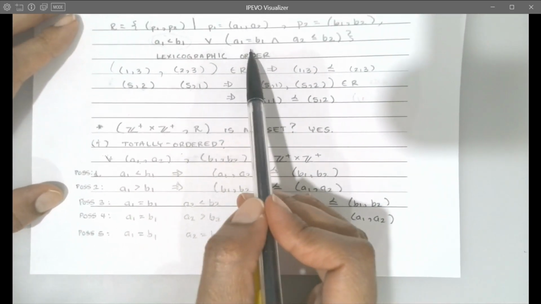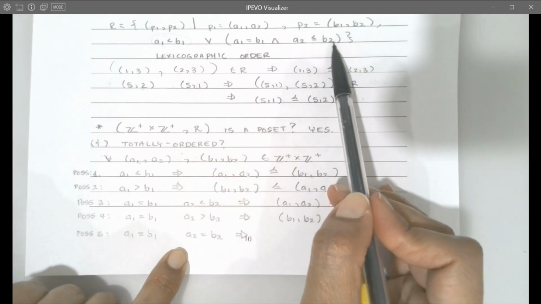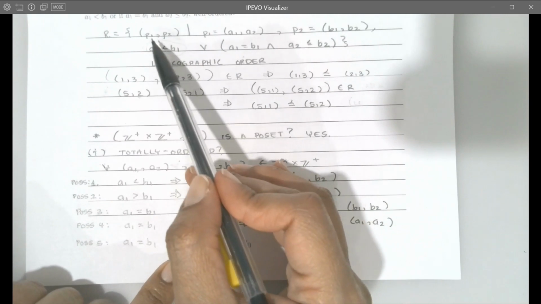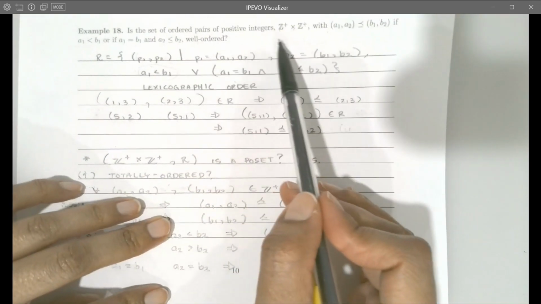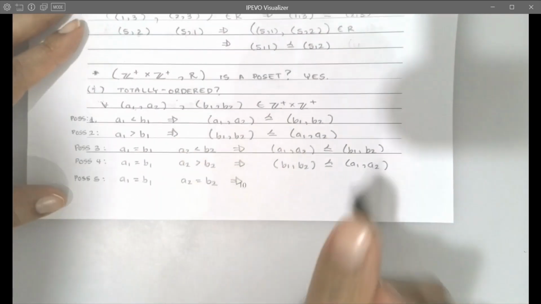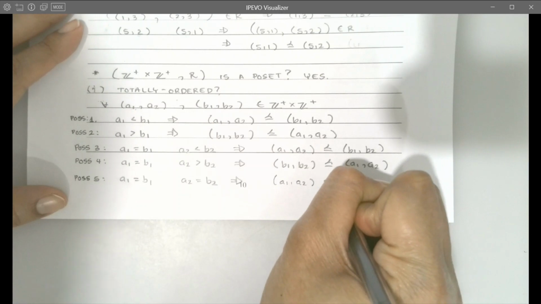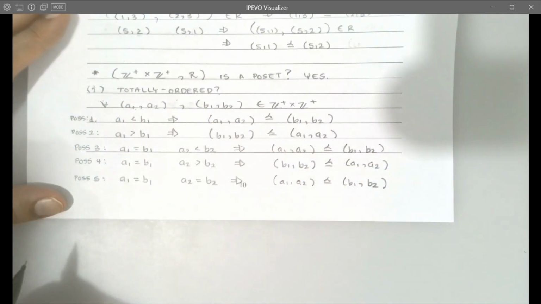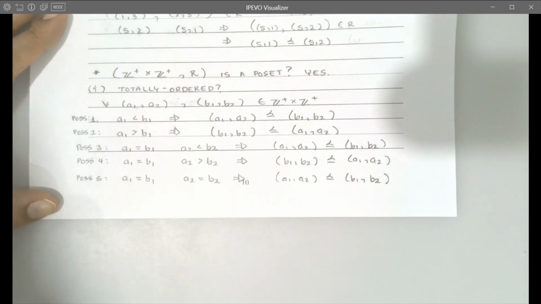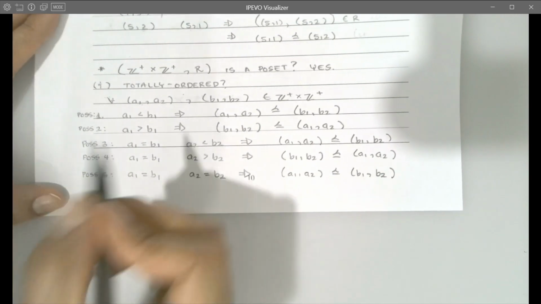We go back up here: A1 equals B1, and A2 equals B2, then we still pair P1 with P2, where P1 precedes P2. So that means that we'll have A1, comma A2 preceding B1, comma B2. And so for any possibility, we are able to compare the two pairs, and that means that this is totally ordered.